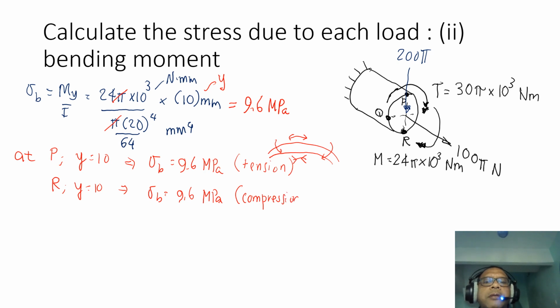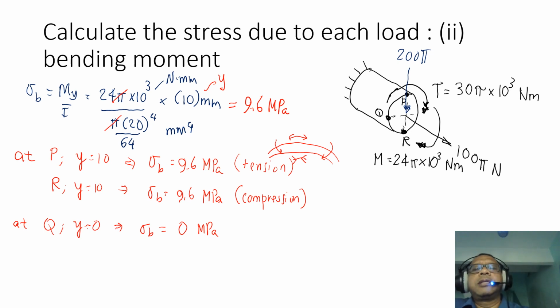And then at Q, y equals 0, so the bending stress is equal to 0. Yeah. So you can now draw the stress elements at P. At P, it is 9.6 in tension.